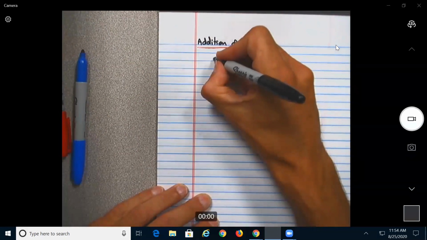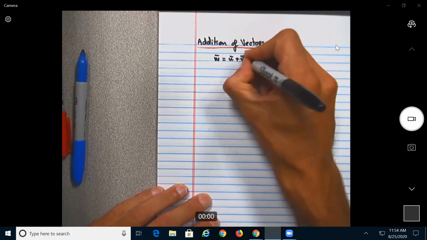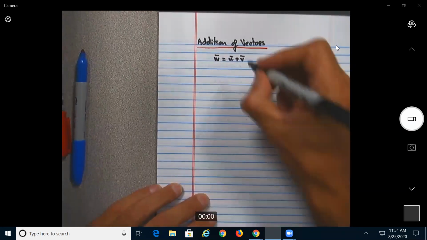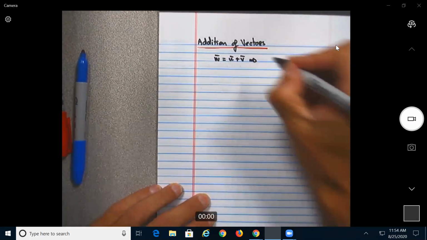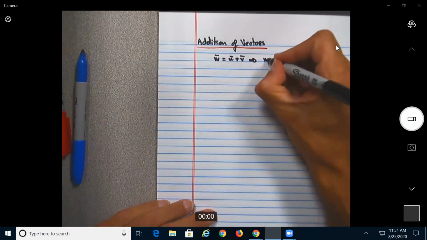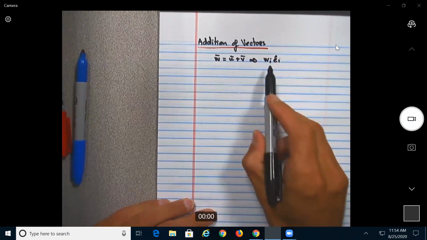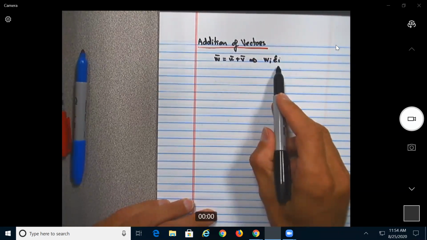So let's say you have a vector W that would be the summation of two vectors, U plus V. So this is again, what is a vector? A vector has magnitude and direction, no? So let's say you have a vector that has three components. So one will be magnitude 1 times direction 1, okay?